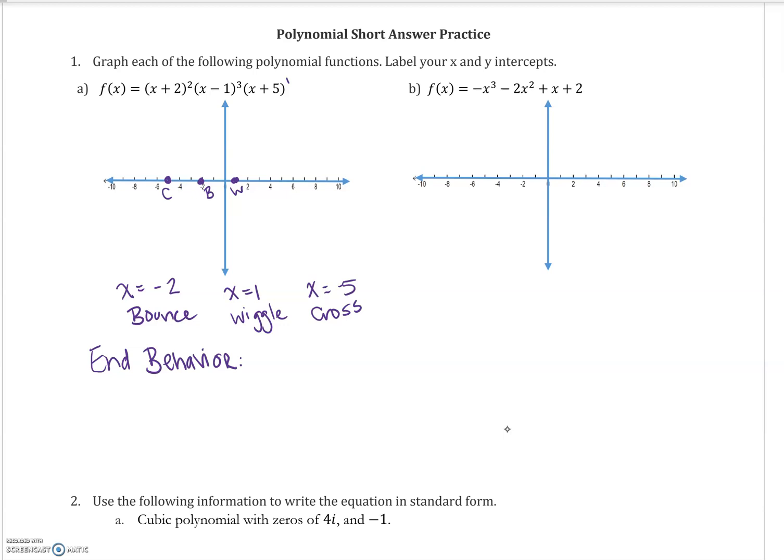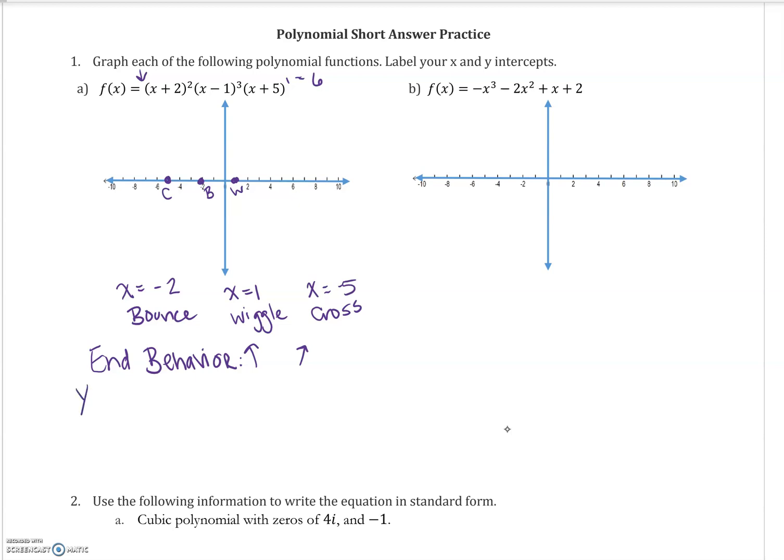And when I add my exponents 2, 3, and 1, I get an overall degree of 6, which means it's an even power. There's a positive number in front for my leading coefficient. So that means my arrows are going to be pointing the same direction, and they're both going to be pointing up. Remember, even means same direction, positive coefficient means up on both sides.